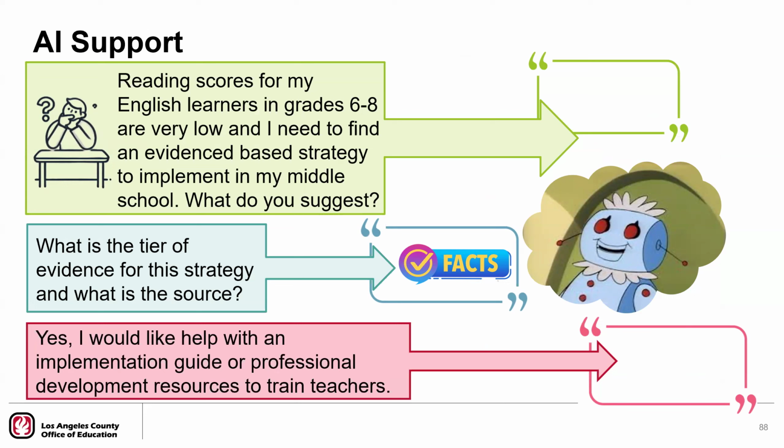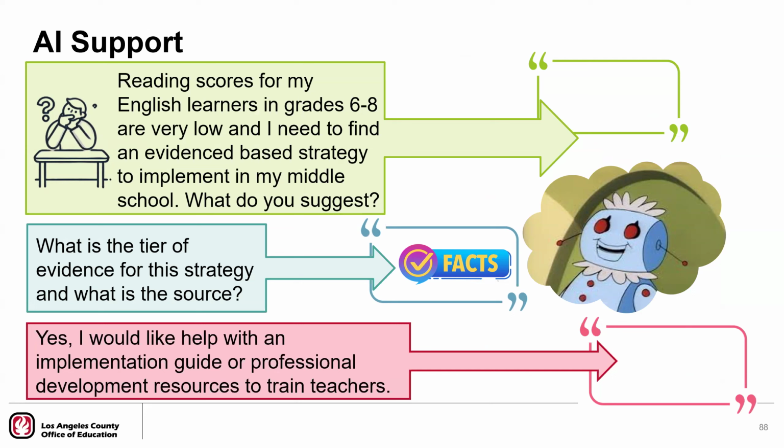Another option that seems relevant today is AI. And AI might be a starting point for considering evidence-based interventions. You may, for example, be seeking to understand what evidence is available for interventions that support reading achievement for English learners at middle school.